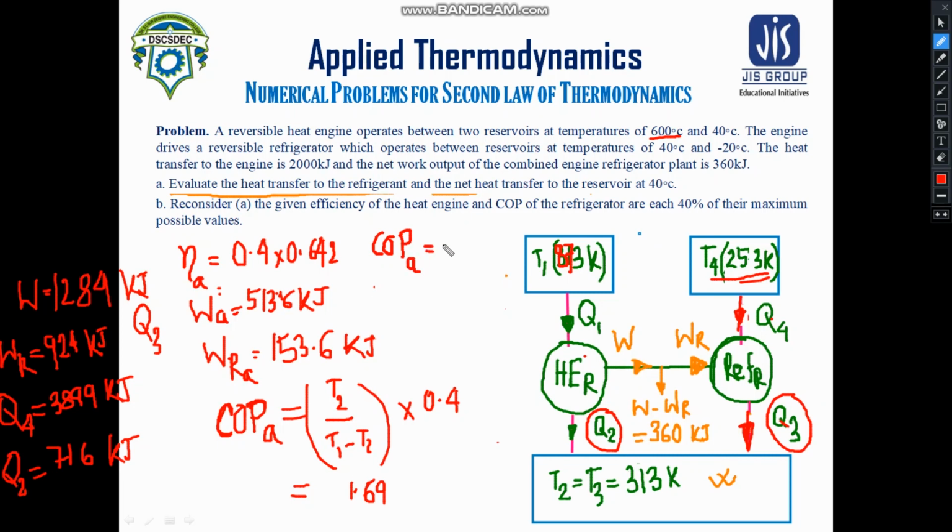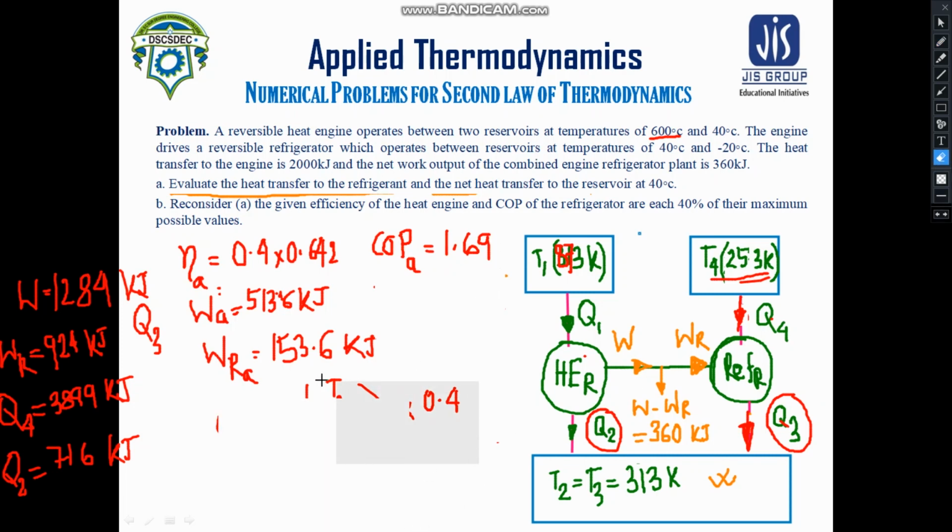It becomes 1.69. Now you know that COP is nothing but the ratio between the desired heat transfer divided by the work done. So it can be written with WRA, that means the work input in the actual refrigeration case. So COPA, you found it 1.69.